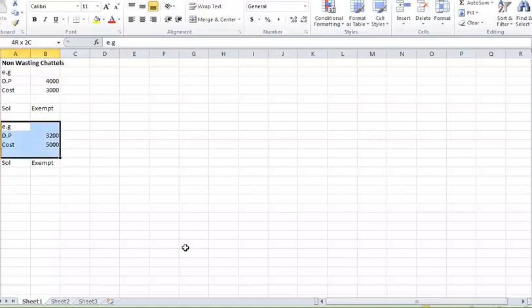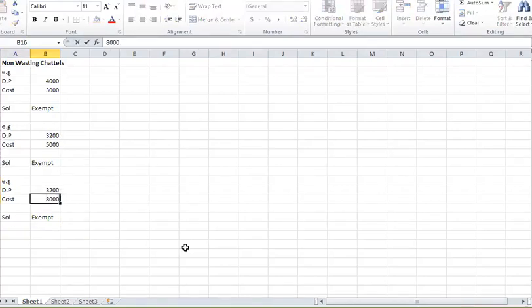For example, if you have purchased an asset for £8,000 and you are going to sell it for £3,200, you can clearly see over here, purchase price is £8,000 and you're going to sell it for £3,200, so obviously you have capital loss. But what are the tax implications? What are the tax rules in this situation?